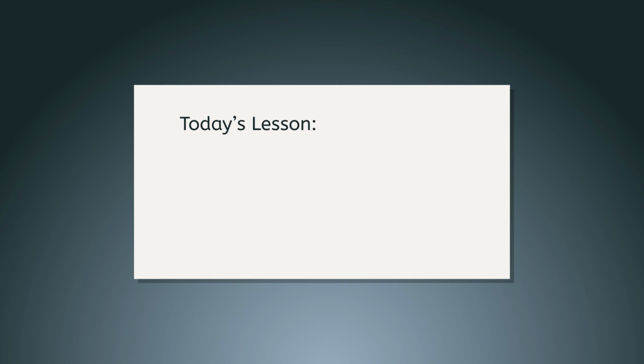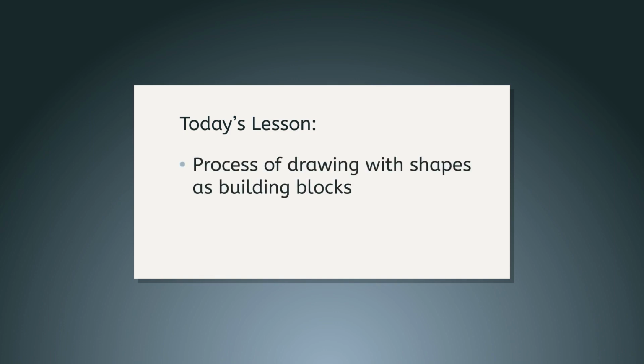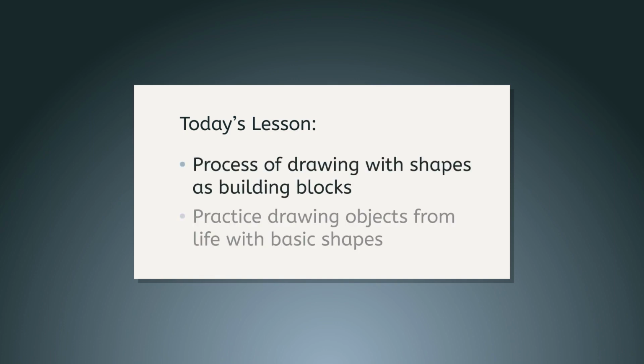We'll be discovering how basic shapes, both geometric and organic, can be put together in different configurations to form the foundation of almost everything in our surroundings. In today's lesson, we will discuss the process of how to draw with shapes as building blocks, and then practice drawing some objects from life with their basic shapes.